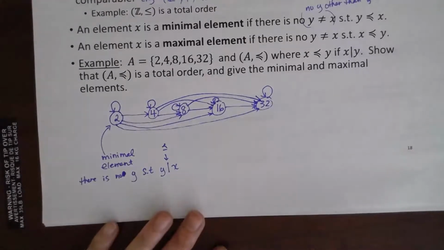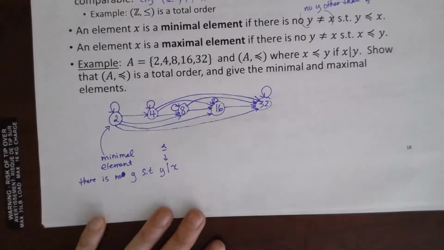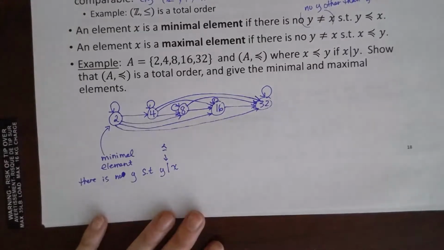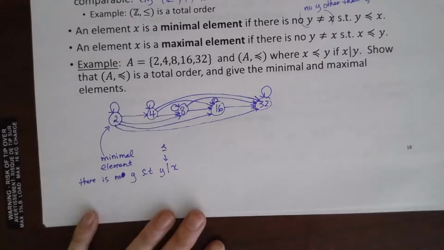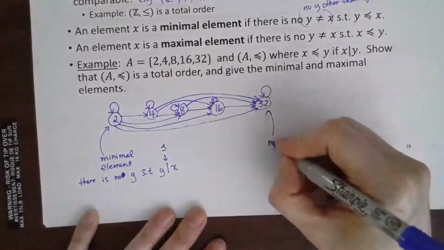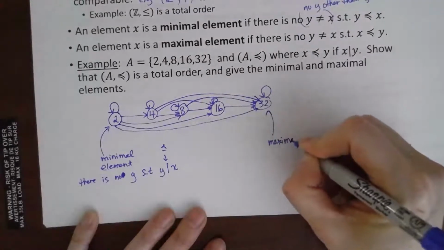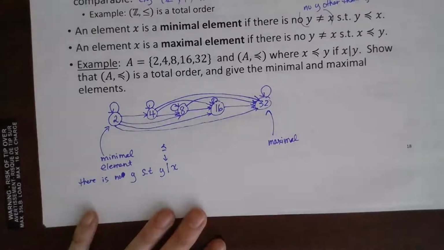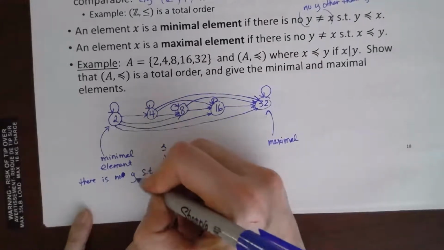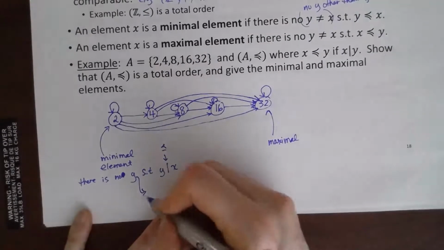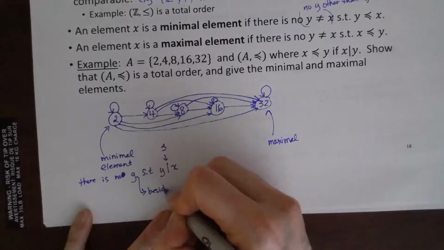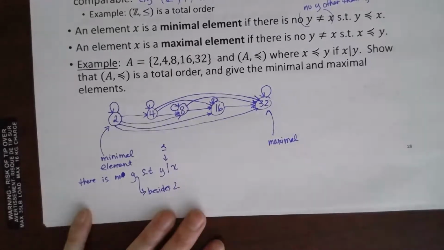All right, so the next thing we're looking for is a maximal element. What's a maximal element here? 32. So this one is a maximal. Okay. And see, so here for you, this is for you. So there is no y besides x, or besides 2.